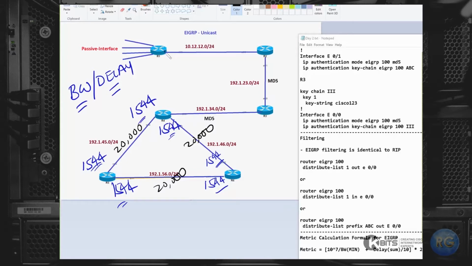Ethernet depends on what? The type of Ethernet, Ethernet, GigE, fast Ethernet, all right? Type of Ethernet is what it determines the speed based on. The delay is 1000. Everybody okay with this?